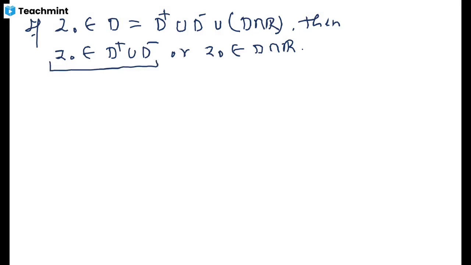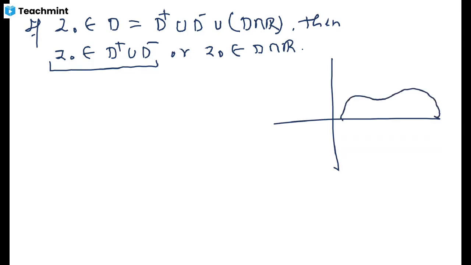So you have this domain. Okay, let me retry it. I have this thing. This is D plus, and its similar image has to be D minus. Okay, it doesn't look that way, but let me try to.